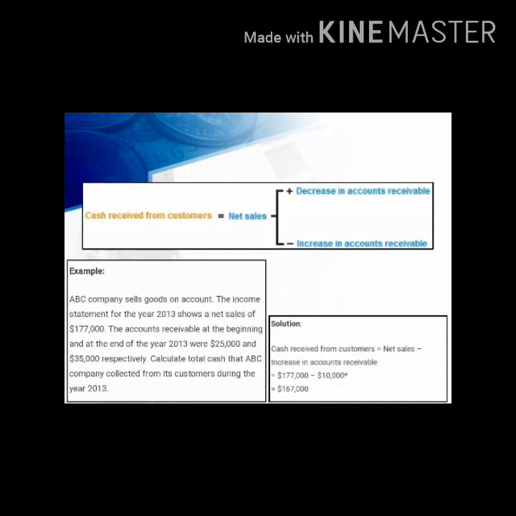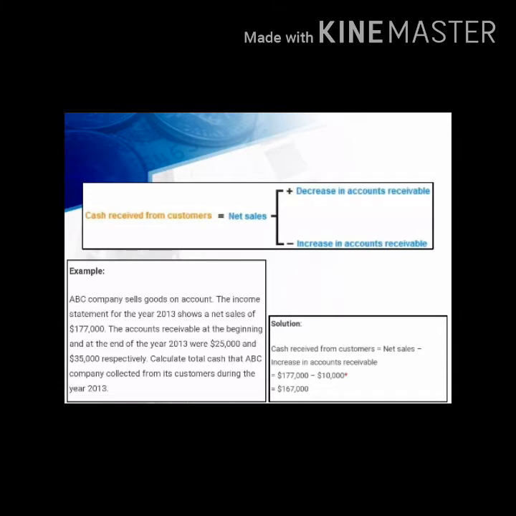The accounts receivable at the beginning and at the end of the year 2013 were $25,000 and $35,000 respectively. Calculate total cash that ABC company collected from its customers during the year 2013.